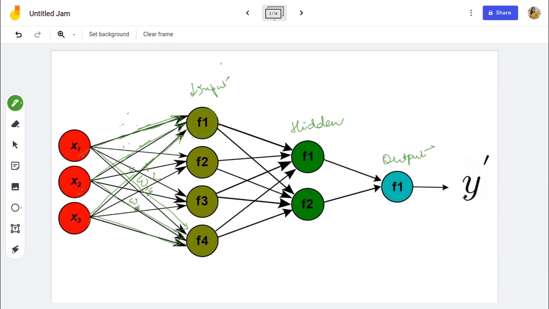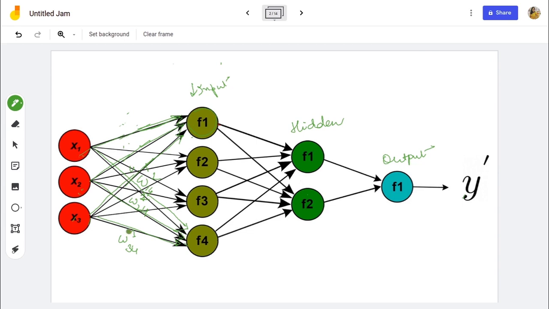Second input going into the fourth, first layer again. And third input going into the fourth node, this is of the first layer, right? So this is what exactly happens.